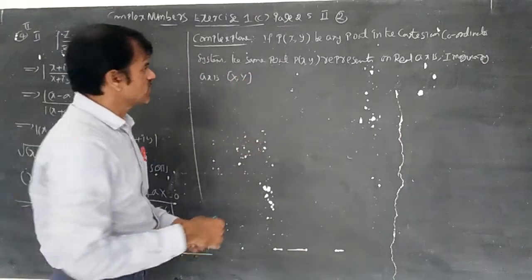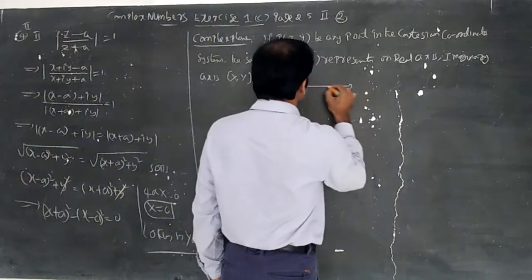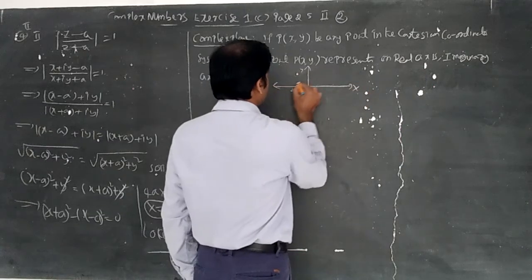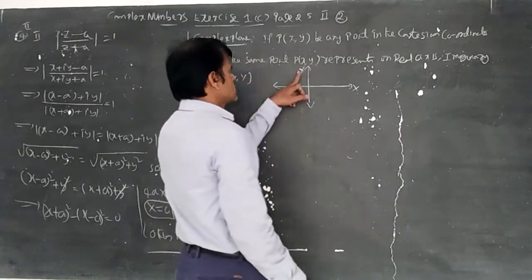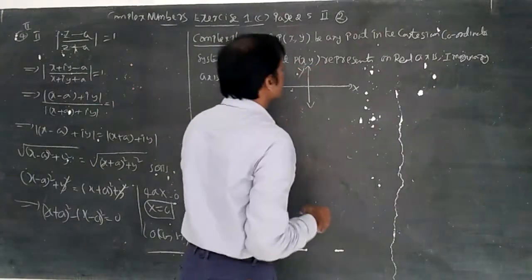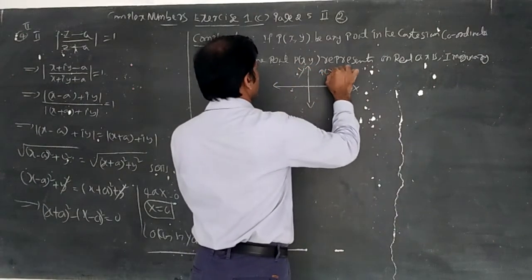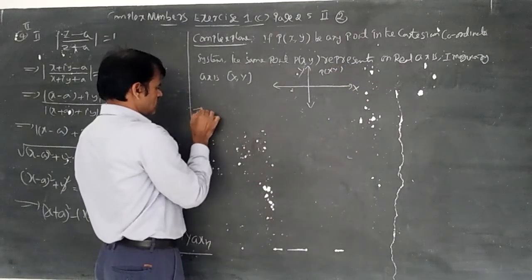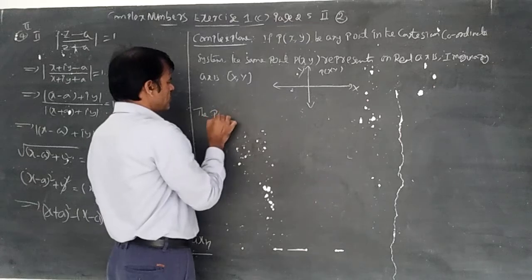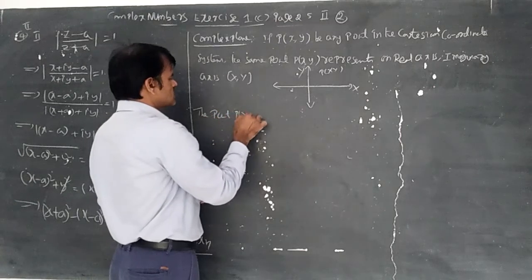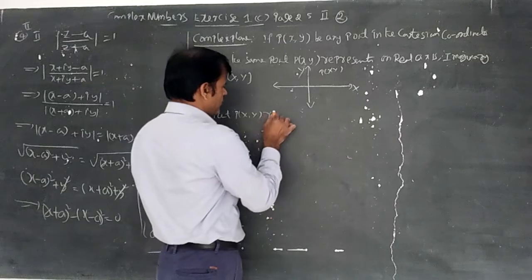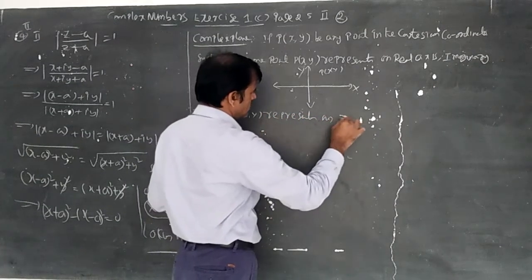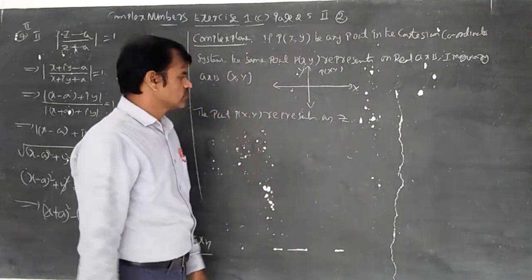Real axis means x axis, imaginary axis means y axis. The point P(x, y) represents z, that is a complex number.